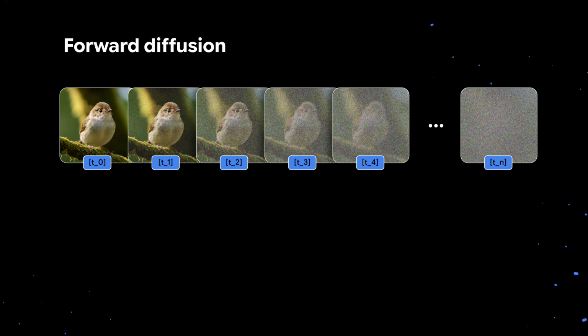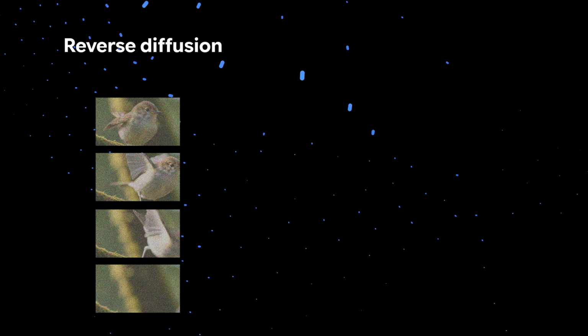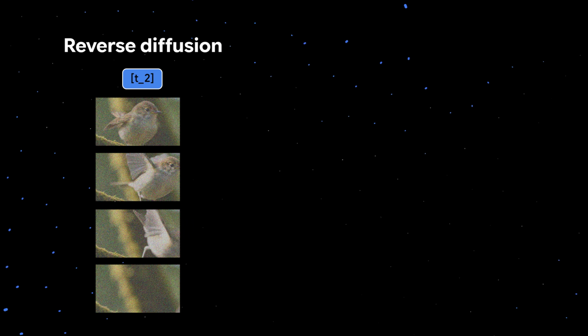Earlier, we took one image, and during forward diffusion, we gradually added noise to the image. Let's extend this process and run forward diffusion on all 4 images that make up our video. To train the model to do reverse diffusion, we can take all 4 images from a particular time step as a batch, and that's our input training data.